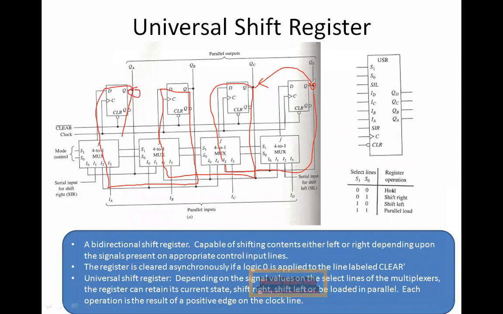So my output which was present here got shifted from one point to another point. And what kind of shift is happening here? A shift left is happening. So is it unidirectional or bidirectional? Students, is it unidirectional or bidirectional?